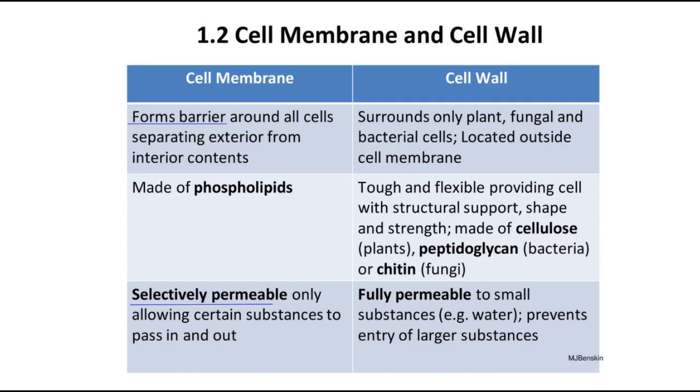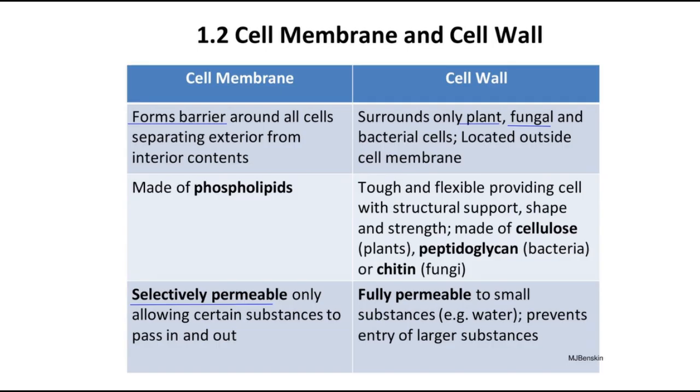Now, if you do the comparison with the cell wall, the cell wall is not going to be found in all cells. Cell wall is only found in plant cells. I know we didn't mention fungi, but fungi also have cell walls as well, and the material is made up of chitin.